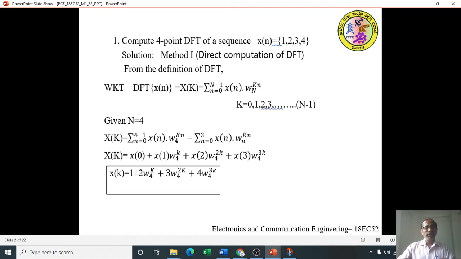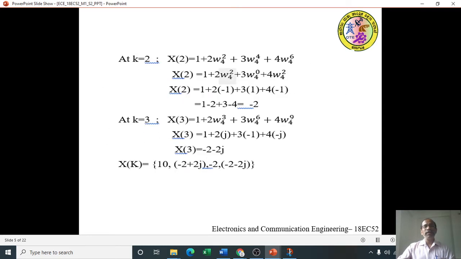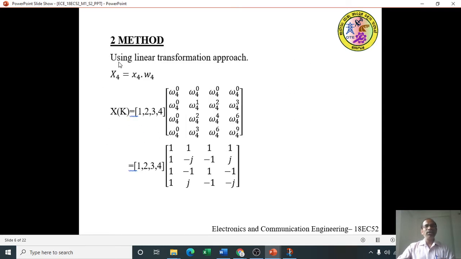If you are not happy with this method, there is a second method, called the linear transformation approach, where we write our DFT formula as a matrix multiplication, that is, multiplication of the input vector with the twiddle factor matrix.